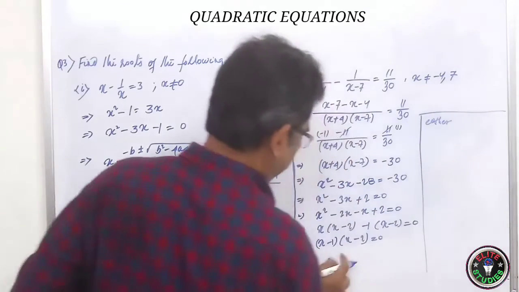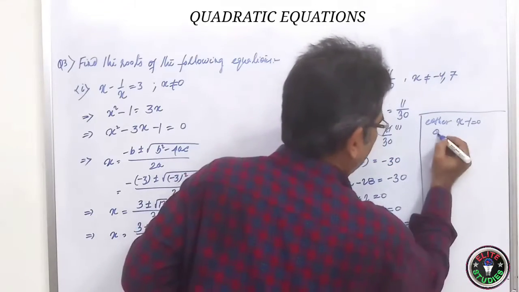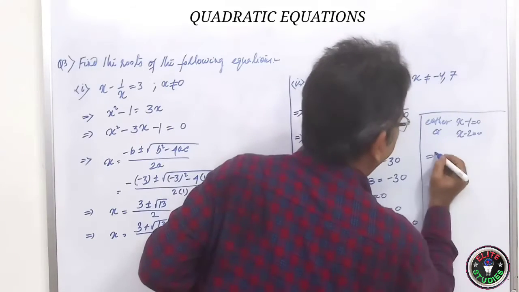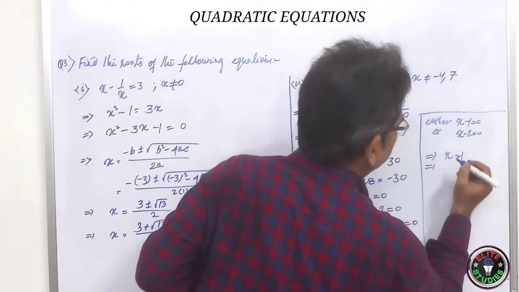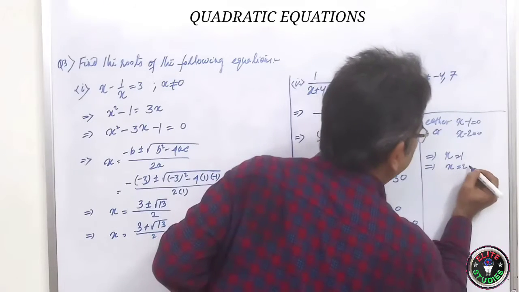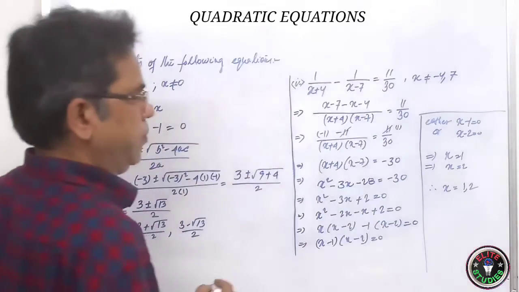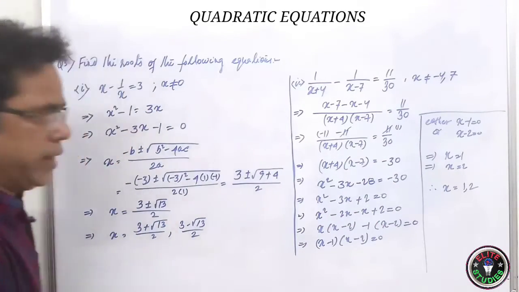Either x minus 1 is equal to 0 or x minus 2 is equal to 0. So if this is 0, then x is equal to 1, and if this is 0, then x is equal to 2. So therefore x is equal to 1 or 2. We got it. I hope you have understood. Take the screenshot please.